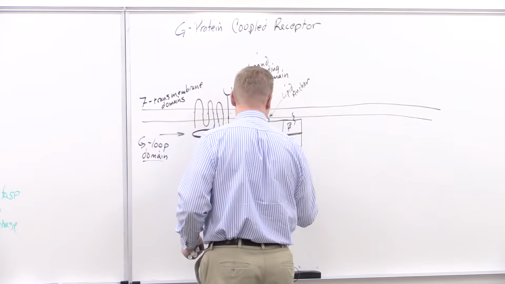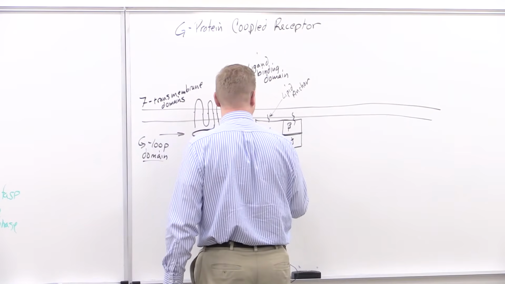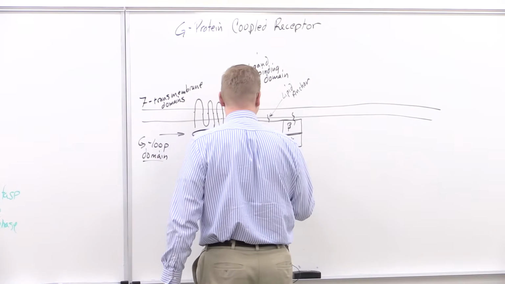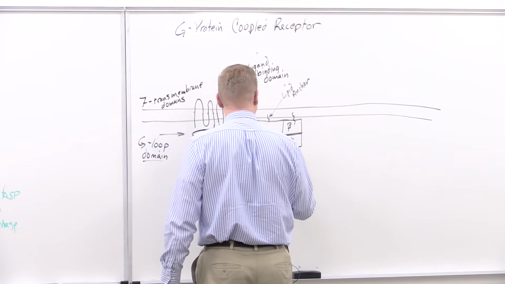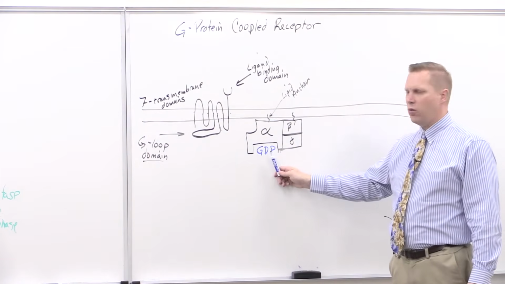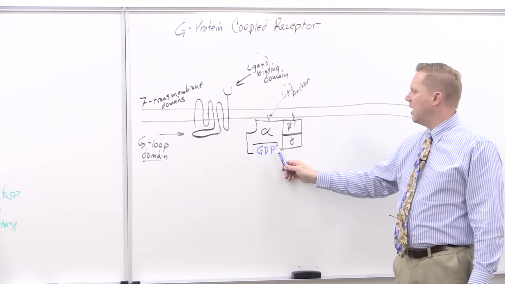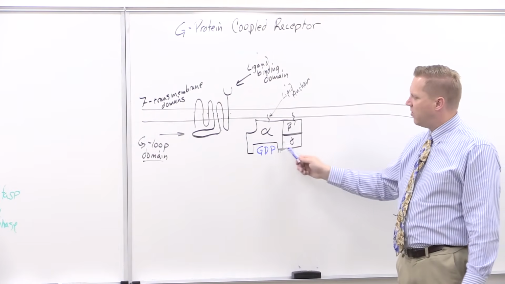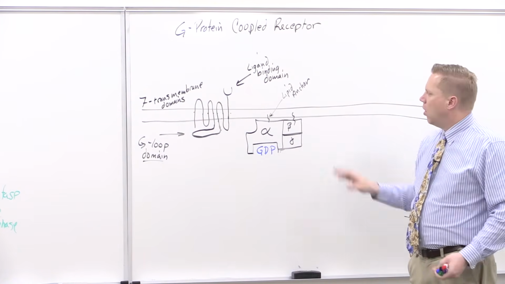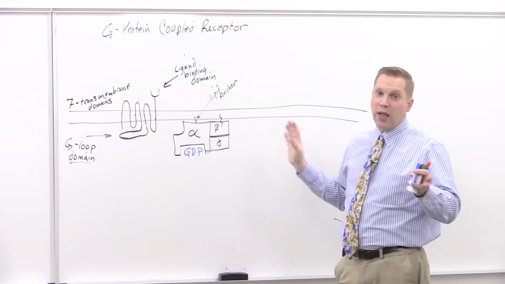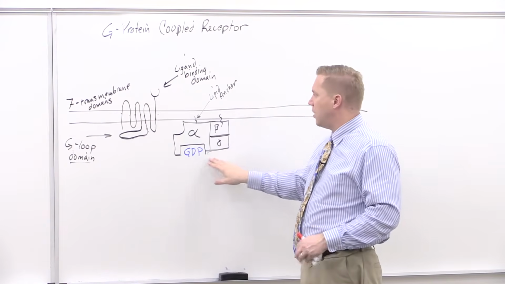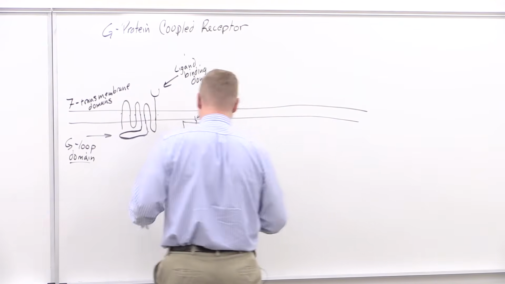And then the alpha subunit has a binding pocket for a molecule called GDP. Now, this is GDP, guanosine diphosphate, so we've seen this when we learned about nucleotides. And in its normal inactive state, the alpha subunit is bound to GDP. With that introduction, we have two players in this pathway then. We have the G protein coupled receptor and then the G protein itself. So let's write that down here.